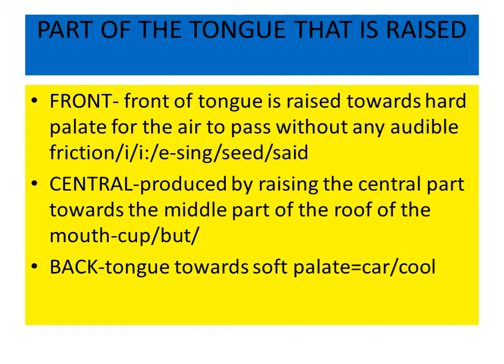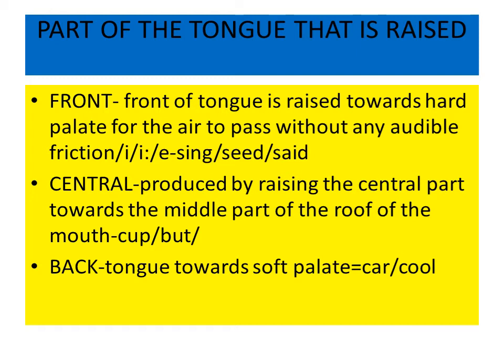Third category, back. There, the tongue is raised towards the soft palate. Immediately after the hard palate, there is the soft palate. Our tongue is raised towards the soft palate, like ka, car, ko.